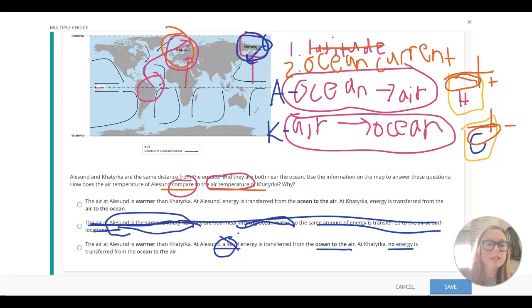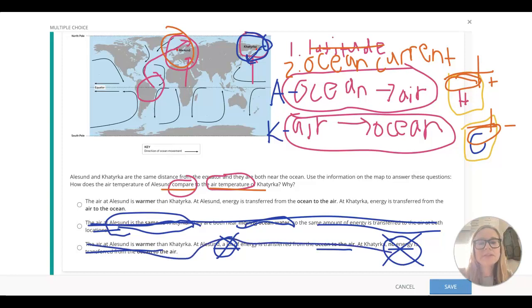So we can actually eliminate this option as well. So we know it's not a lot, so we can cross that off. And then over here it says no energy is transferred. As of right now, we have not said that there are no locations where energy is transferred. So again, we can take this option off the plate and cross it off completely, which leaves us only with one answer choice to be correct.